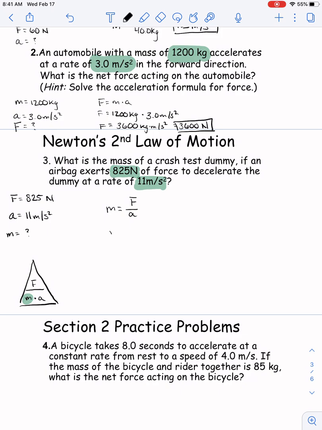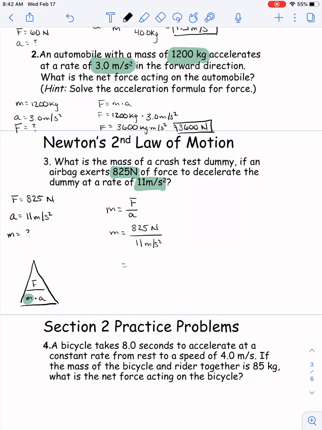And here we would then have 825 newtons divided by 11 meters per second squared. Again, remember a newton is a kilogram times a meter per second squared. So with our standard units here, we're actually canceling meters per second squared. I'm going to write that out so you guys can clearly see.